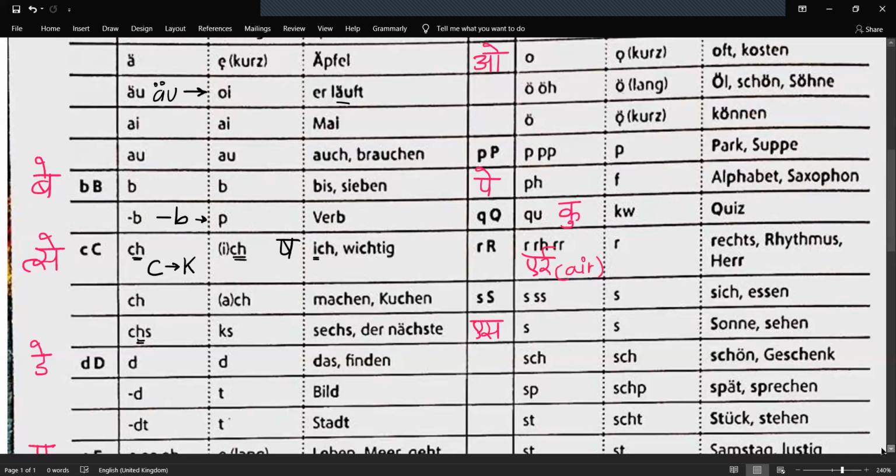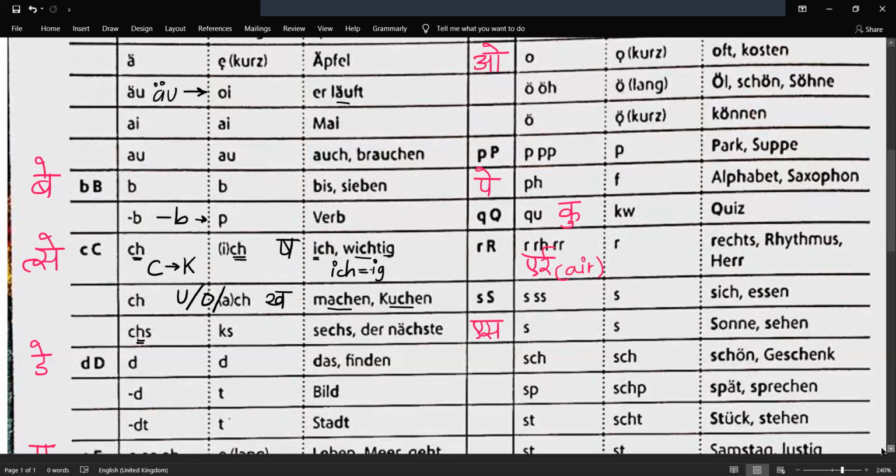And if it's with A or O or U, it's going to take the k sound. So this word is not ik, but ich. But this one here is not Marschen, but Machen. Similarly, this is Kuchen. Now, it just happens that the pronunciation of ICH is the same as I and G together at the end of a word. Therefore, this word is wichtig.